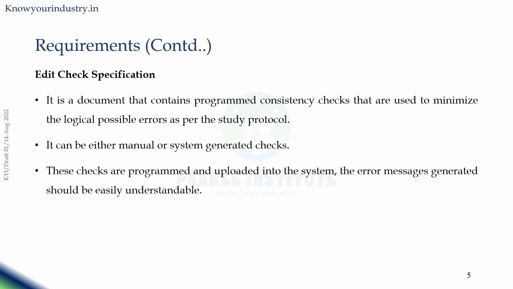System generated are those which automatically arise during the data entry process. These checks are programmed and uploaded into the system, and the error message that is generated should be easily understandable for the person who is going to do the data entry. So it should always be simple and easy to understand.